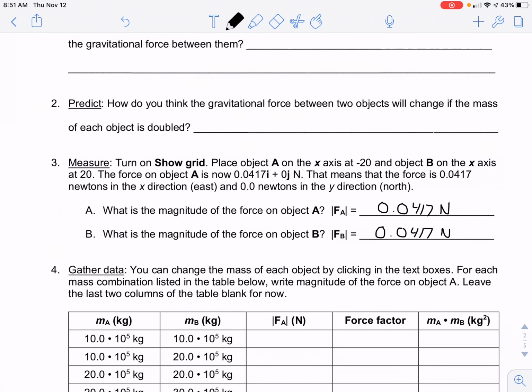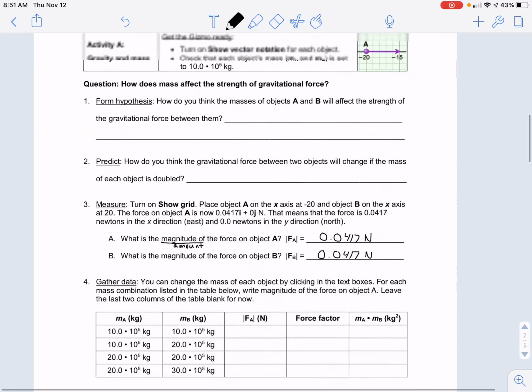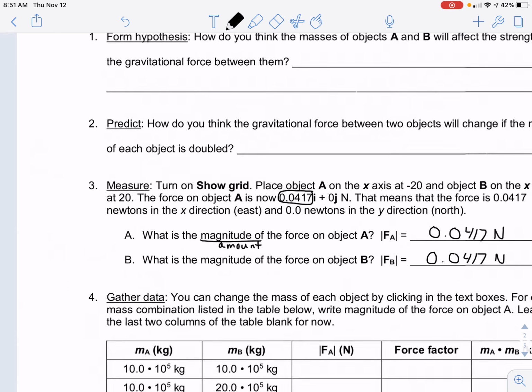That easily corresponds to what we saw in the warm-up when we saw that the arrows were identical in length, meaning they have the same amount of force. Remember, guys, the word magnitude means amount. How much force. And that number can be seen by whatever is in front of the i, or however much force is in the x direction.